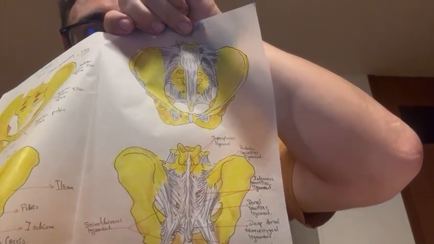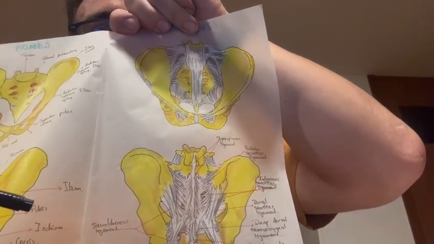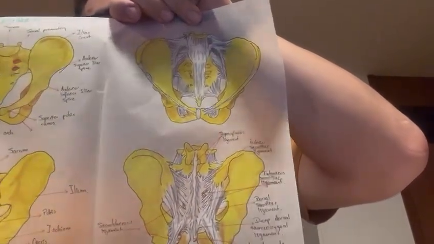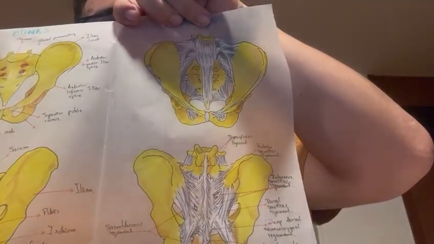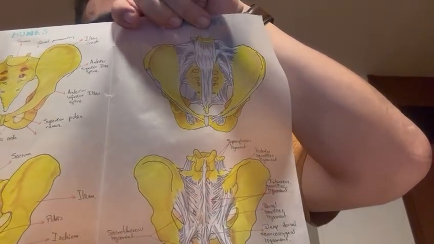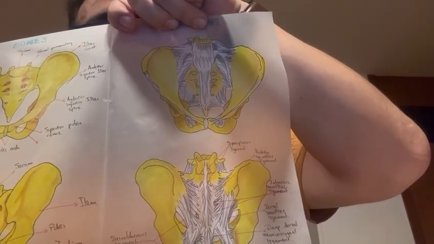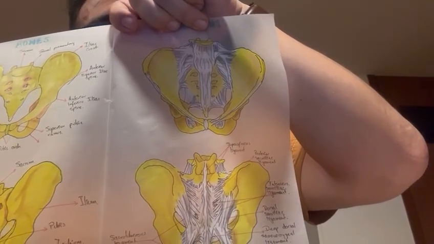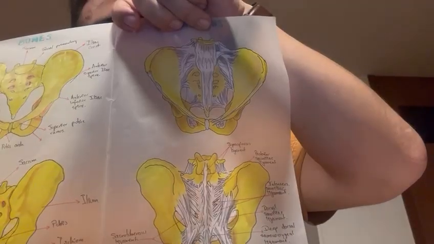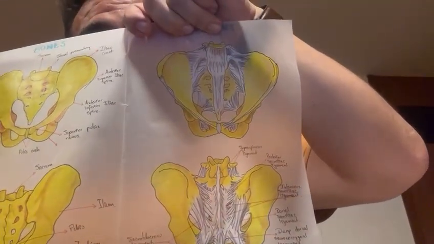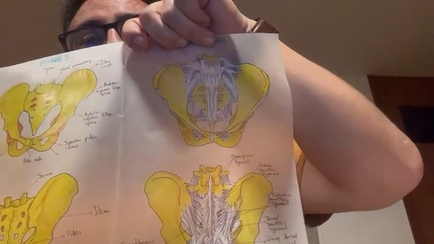Two key ligaments, the sacrospinous and sacrotuberous, transform the sciatic notches into the greater and lesser sciatic foramina. These foramina serve as a gateway for muscles, vessels, and nerves entering or leaving the pelvis.